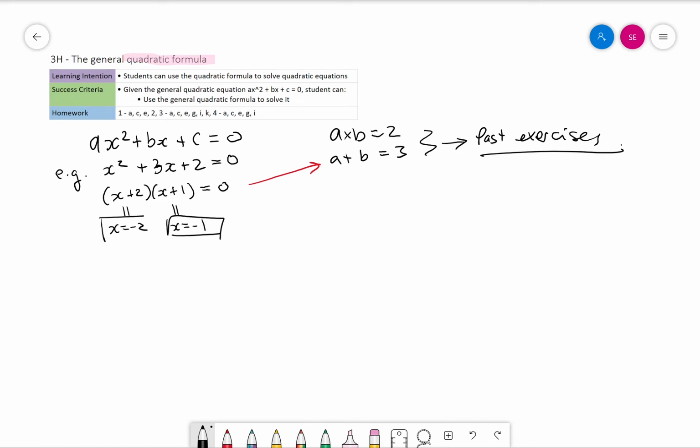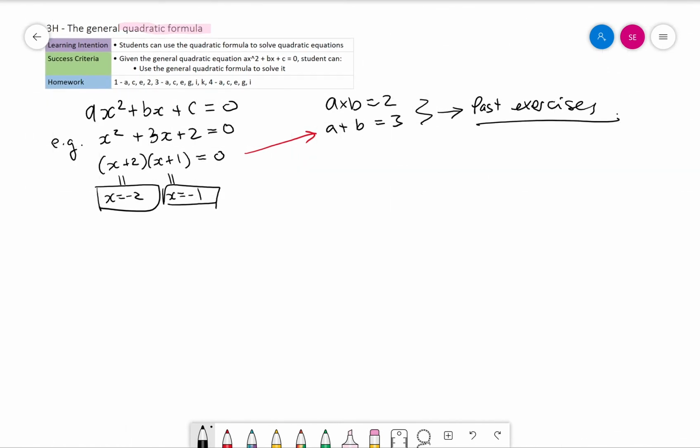So there are two x values. And just to remind you, if we were to graph this, those would be the intercepts, minus 2 and minus 1 here, and it looks something like that.